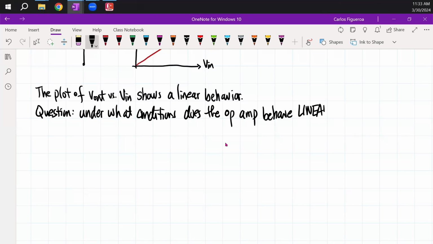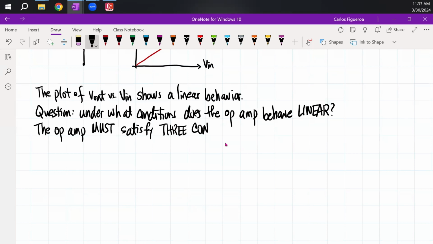When does the op-amp behave linear? It turns out that the op-amp must satisfy 3 conditions.